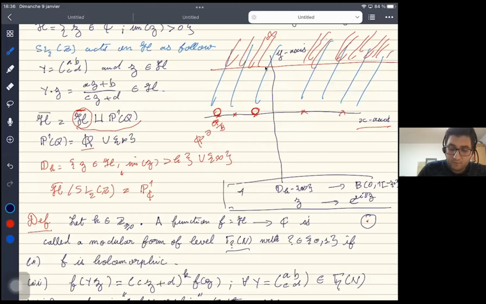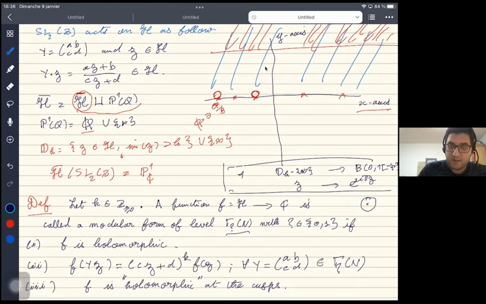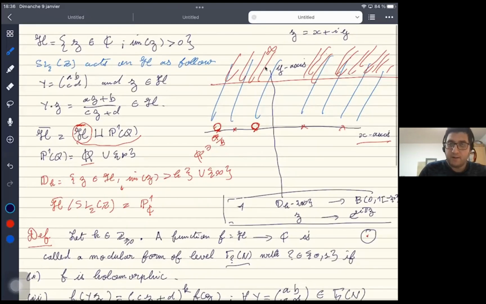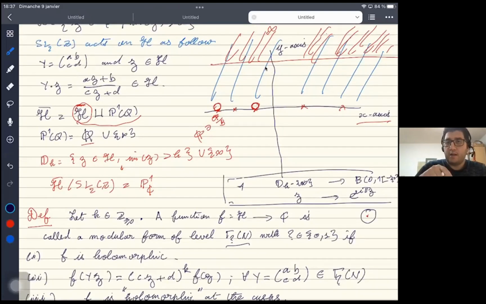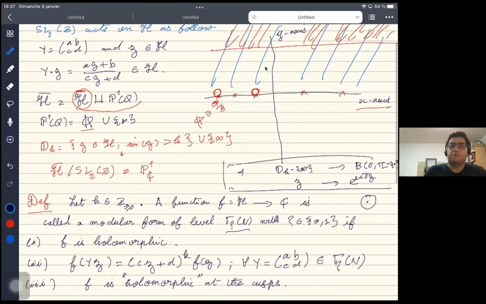To check the limit at the cusps on the x-axis, you apply a gamma from SL2Z that sends a neighborhood of your cusp to a neighborhood of infinity. Then you have f gamma z, and you check whether this limit exists when the imaginary part of z goes to infinity.